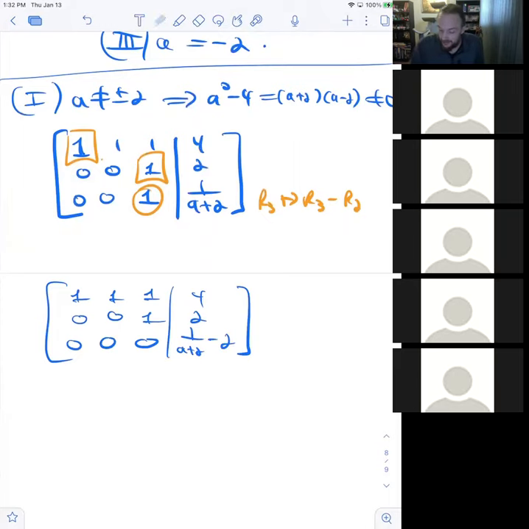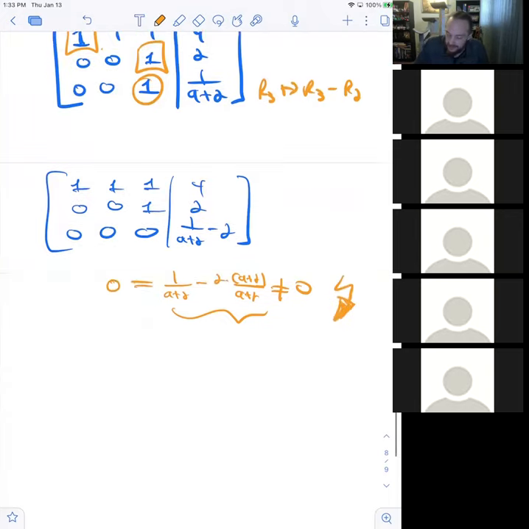The point is, in this case, we get 0 equals 1 over a plus 2 minus 2. You have to multiply by a plus 2, and that is definitely non-zero, because a plus 2 is non-zero, since a is not equal to plus or minus 2. So this gives us a contradiction. So no solution. In any case where a is not equal to plus or minus 2, there's no solution.